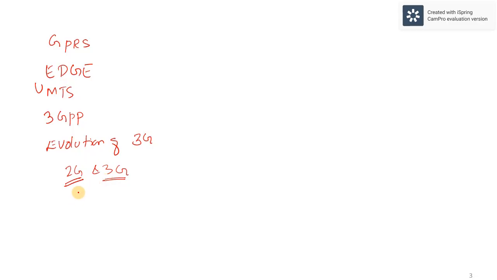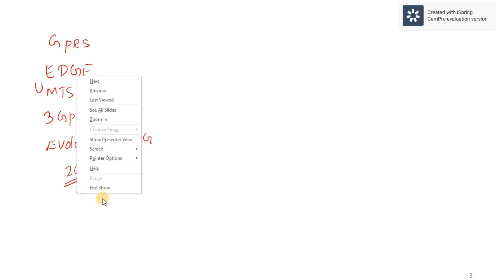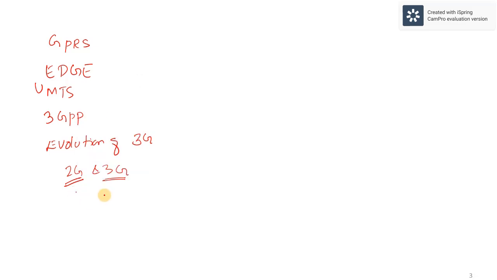Next one is frequency bands. 2G operates in multiple frequency bands, that is 800 megahertz, 900, 1.5 gigahertz and 1.8 gigahertz. But 3G uses a common global frequency band for both terrestrial and satellite components.